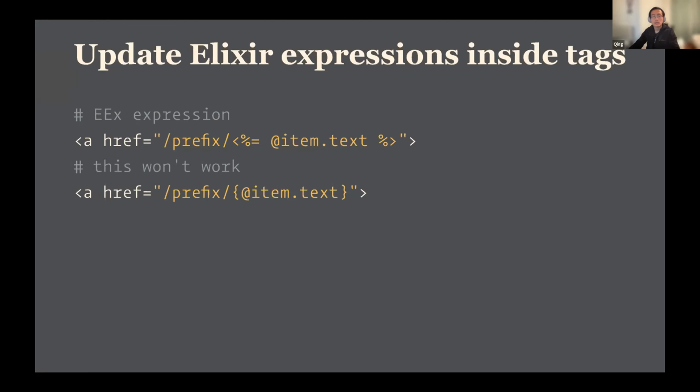It won't work. But then how do we do it? One way I could think of is to first interpolate the original Elixir term inside a string, and then put that whole string in a pair of curly braces. This way, the whole string is the Elixir expression, and it is the whole attribute value. So this works.